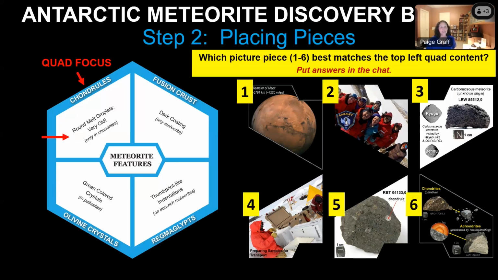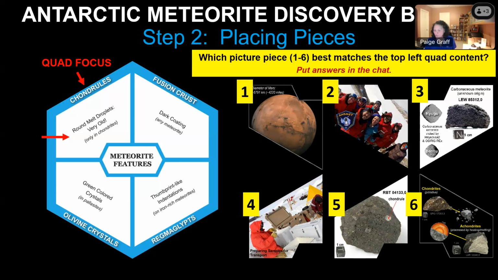In the chat, I would like for you to tell me which picture piece, 1 through 6, best matches the top left quad content. And if you'll put your answers in the chat, I'll see if anyone is giving me any thoughts, any answers, and perhaps hopefully if this is making sense. So we'll see if we get any answers in the chat.